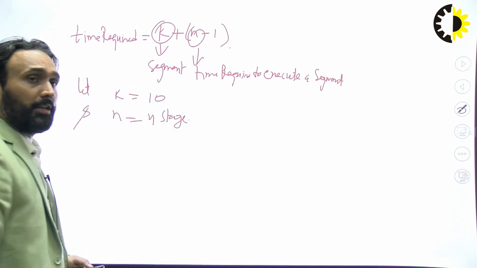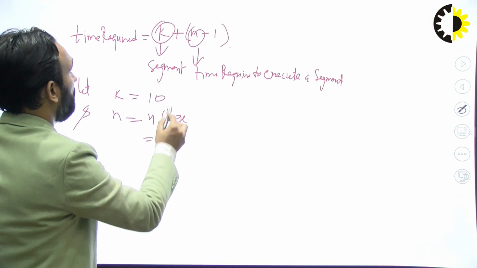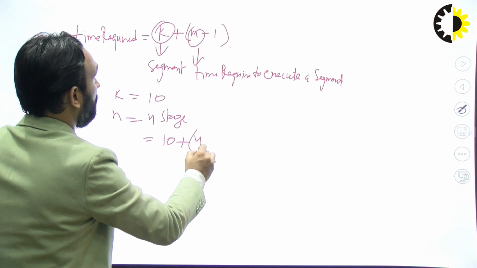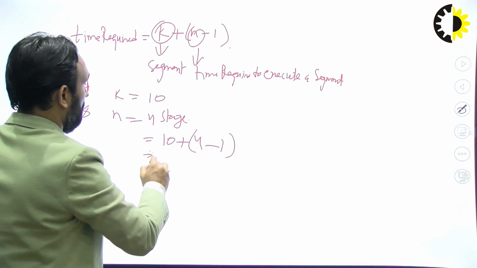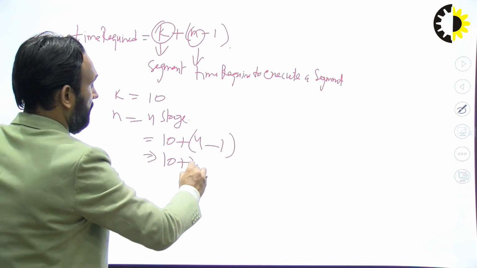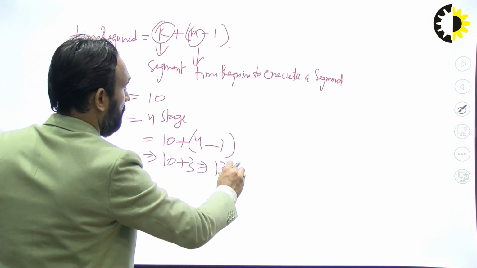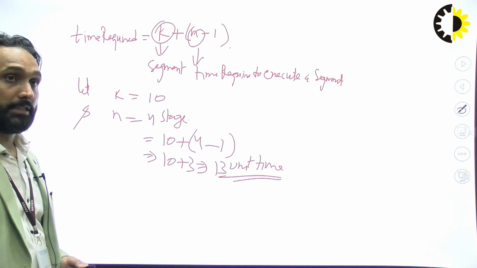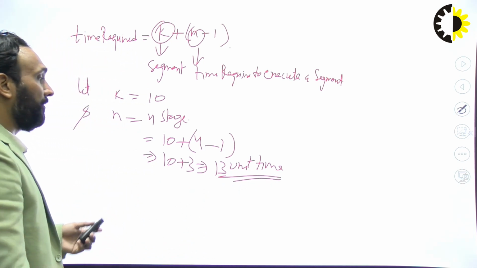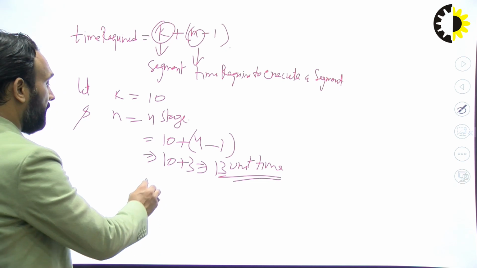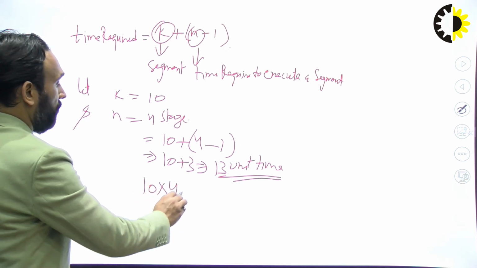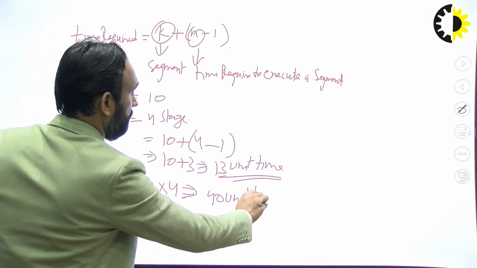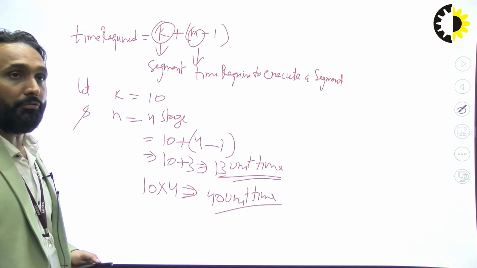How much time is required? It is very simple to calculate. Put the value of K as 10, and n as 4 minus 1. So 10 plus 3, that is 13 unit time we require to execute an instruction. But what will happen if we execute in a sequential method? That will take 10 into 4, that is 40 unit time. That is the advantage of pipelining.